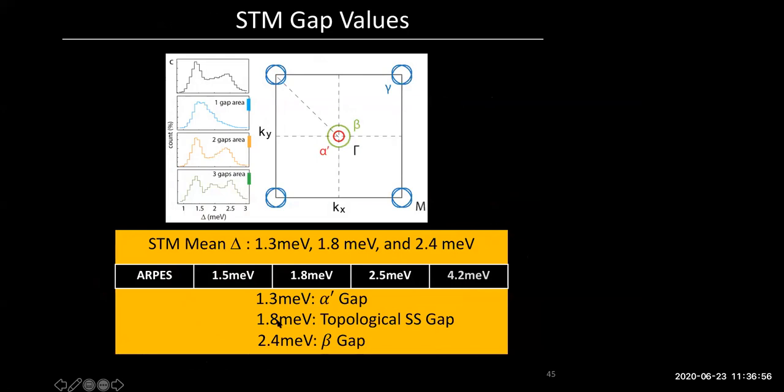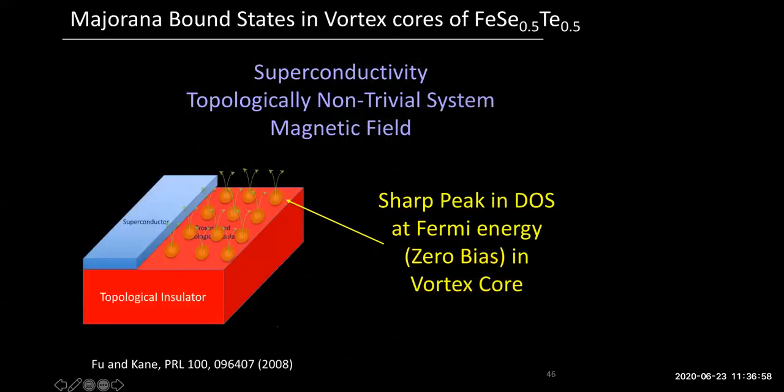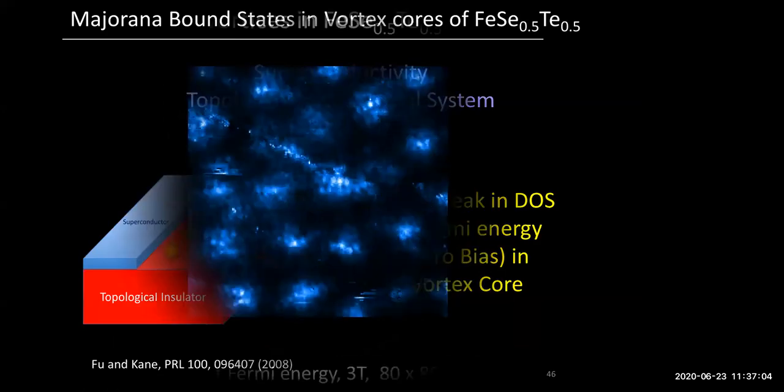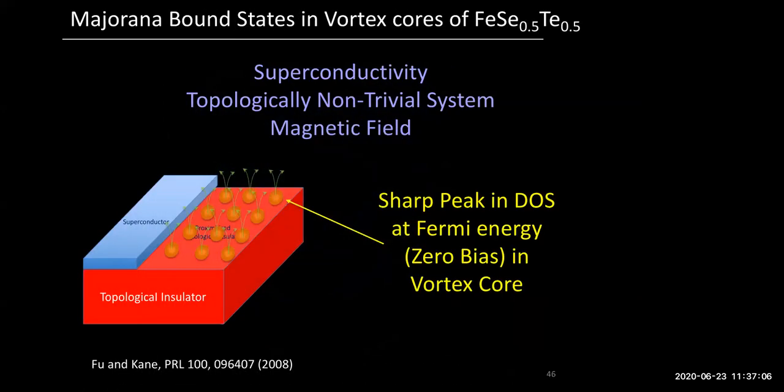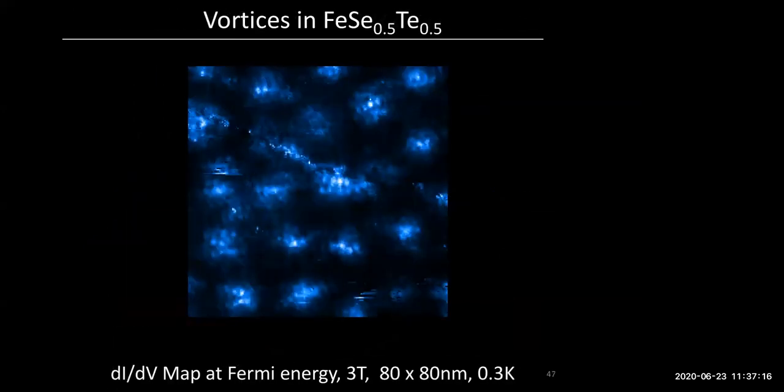Okay, so now we've actually confirmed that we do indeed have a surface state with the right gap magnitude. We can ask what happens when you turn on a magnetic field. You expect to see a sharp peak inside the vortex core. The way we actually locate these vortex cores in STM is by looking at excess density of states inside the gap. So here, for example, in the not so clean sample that I showed you earlier, this is a dI/dV map at the Fermi energy.